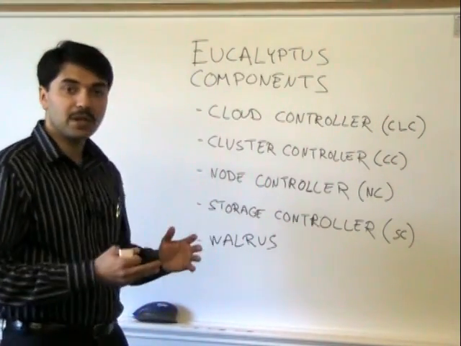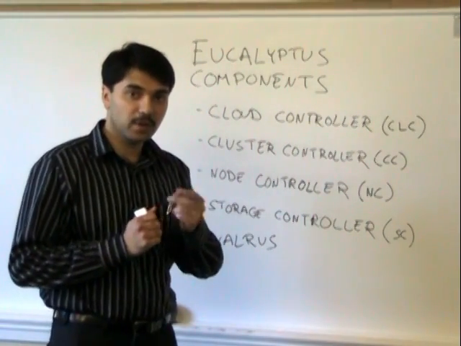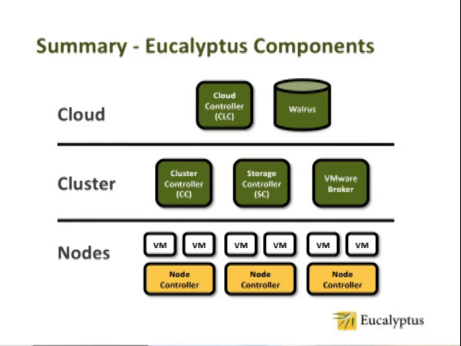And your Eucalyptus cloud itself could be sliced into multiple clusters, and every cluster has two components at the cluster level: the cluster controller, which is the front end to your cluster, and the storage controller, which is the Amazon Elastic Block Store, or Amazon EBS, implementation in a Eucalyptus cloud. These are cluster level components, and you can have multiple such clusters in a Eucalyptus cloud. And finally, the node controllers are the processes that are going to be running alongside your hypervisors in the case of Xen or KVM, and these are going to be running on the machines which are the compute nodes in your Eucalyptus cloud.